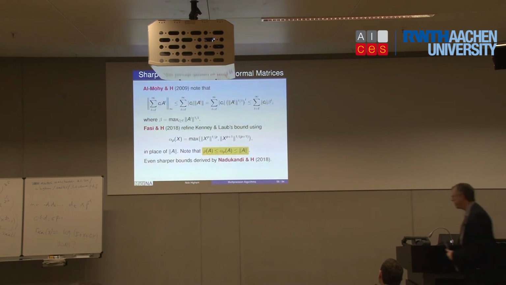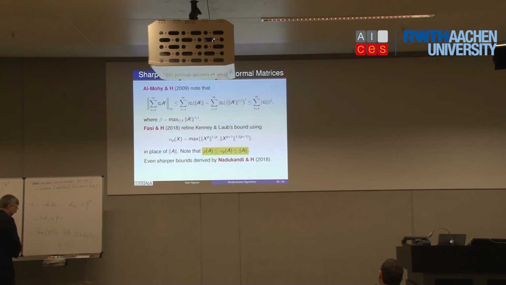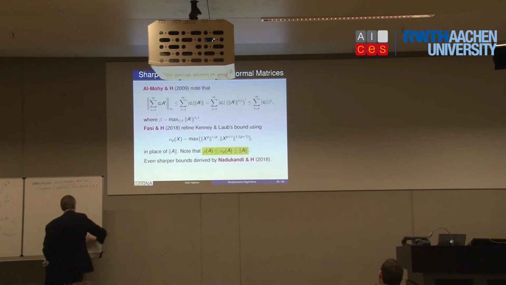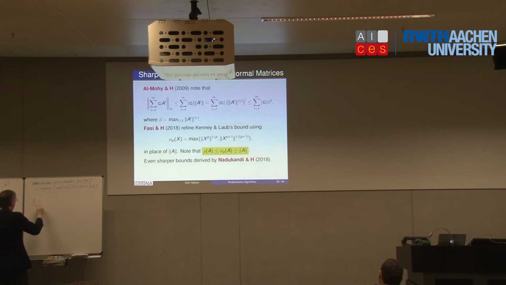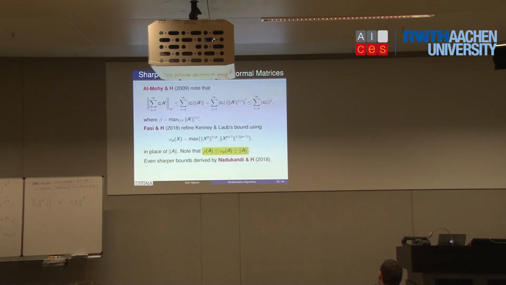The obvious way to bound that: if you have a power of a matrix, A^k, let's say, the obvious bound is norm of A, all to the power k.